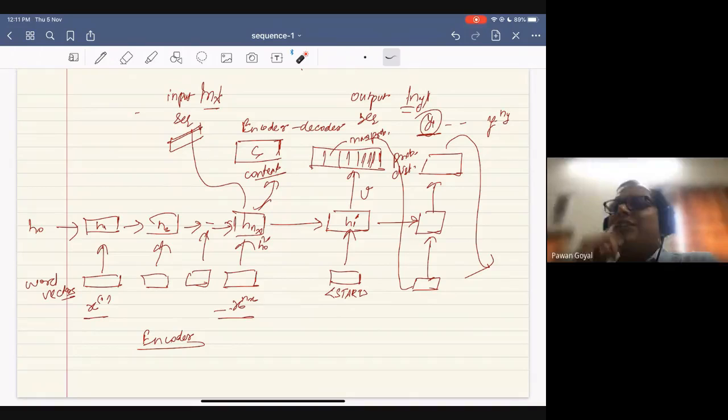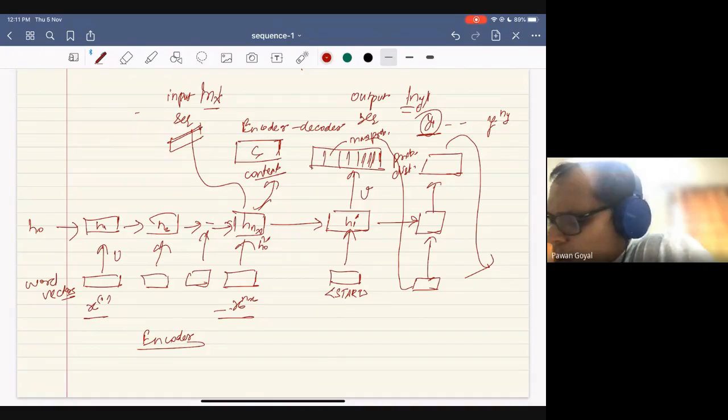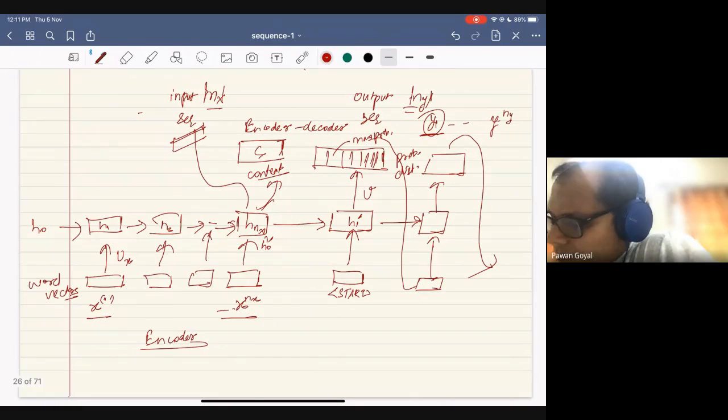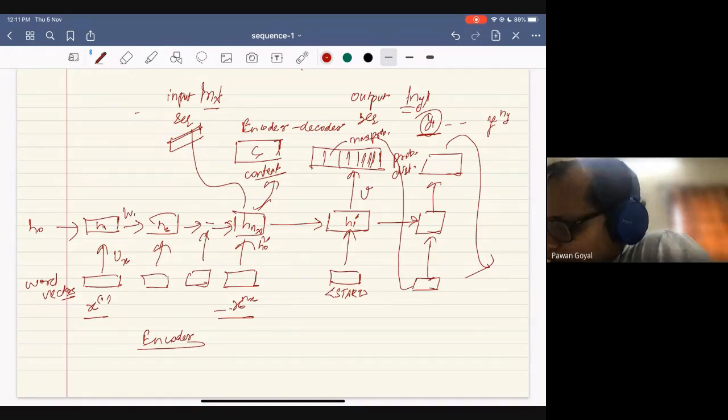Sure. So you see, what are the trainable parameters here? Let's understand. You have a trainable parameter, say UX, the input to hidden matrix. Then you have the hidden to hidden, say WX.